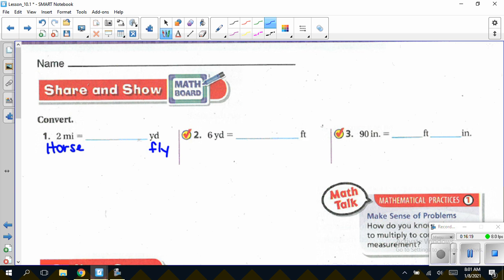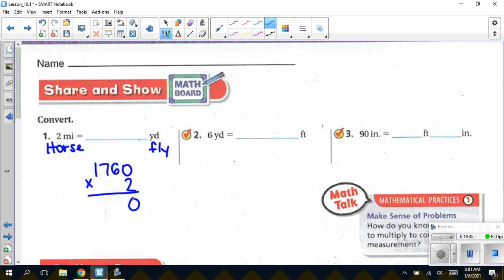So therefore, I know I need to multiply by the number of yards in 1 mile. If you need to refer back to page 586 to the table up at the top, you would notice that there are 1,760 yards in 1 mile. And remember, we had 2 miles, so we're taking 1,760 times 2.